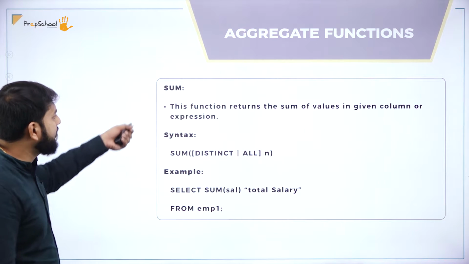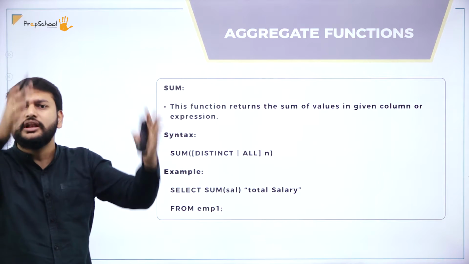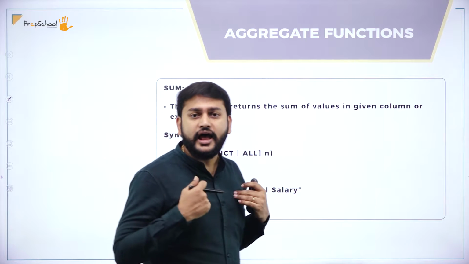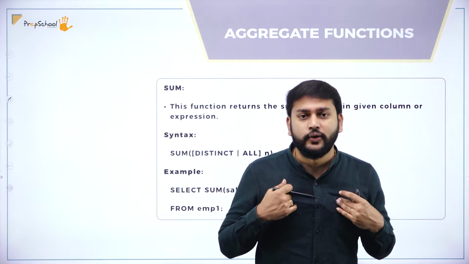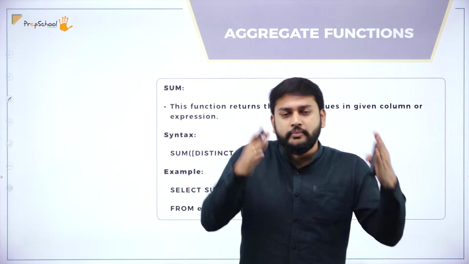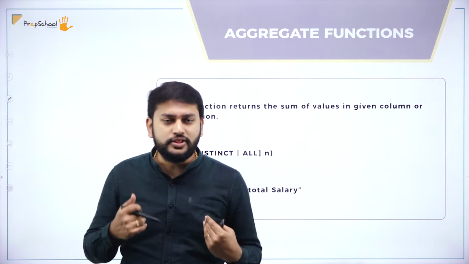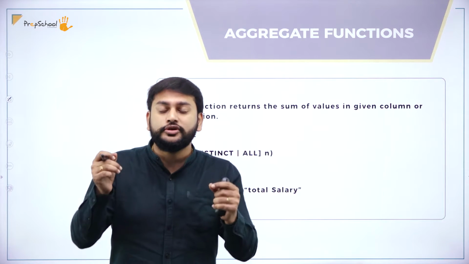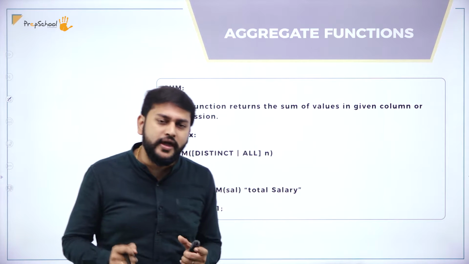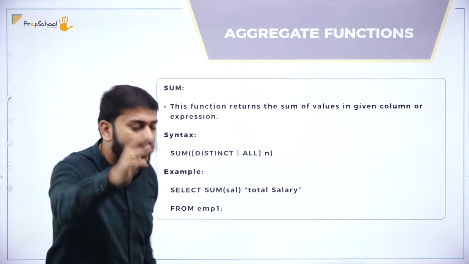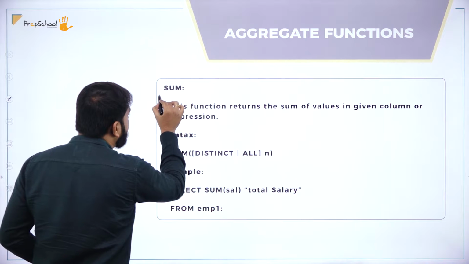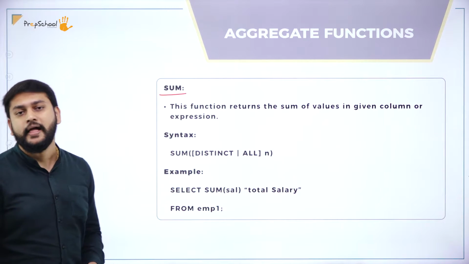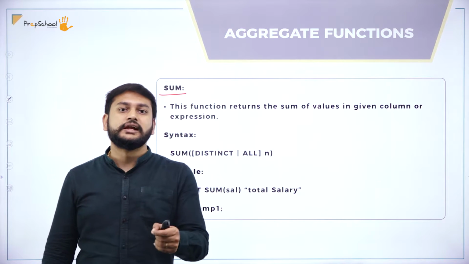Moving on to the next one, I have sum. What is the total amount of salary that I am paying per month? Let's imagine my table contains the data month-wise. I just want to check the total amount of salary that I am paying. Then how do I calculate it? So I have the next aggregate function, that is sum.